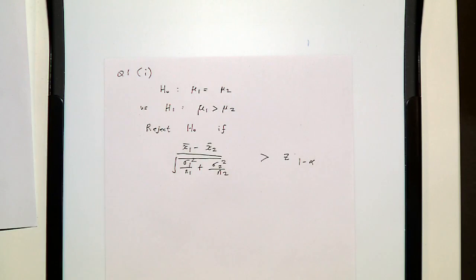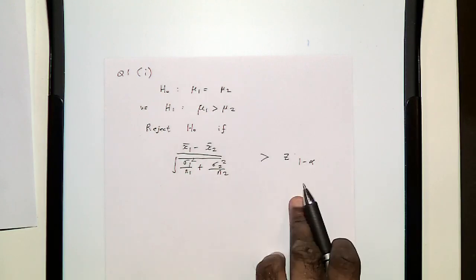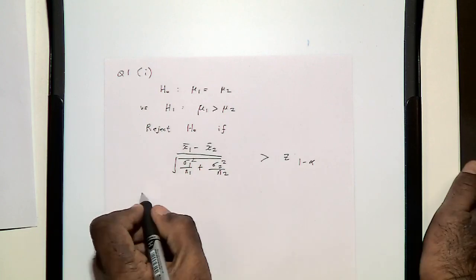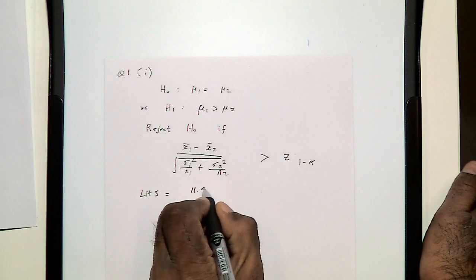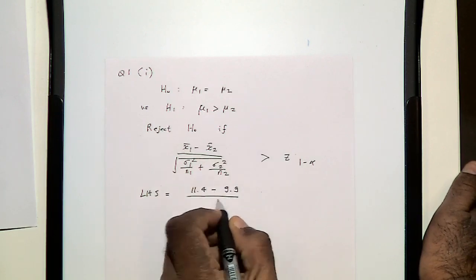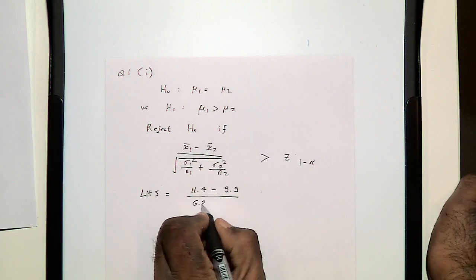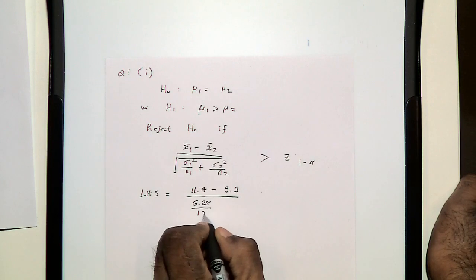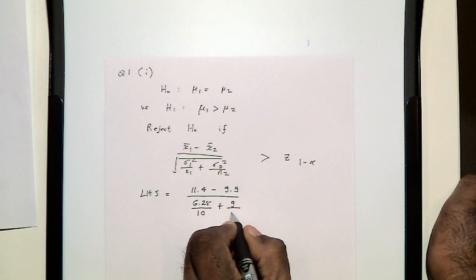So what I'm going to do now is compute the left hand side and the right hand side and see if this inequality is satisfied. The left hand side is 11.4 minus 9.9, divided by the square root of sigma 1 squared, which is given as 6.25, divided by n1, which is 10, plus sigma 2 squared, which is 9, divided by n2, which is 12.